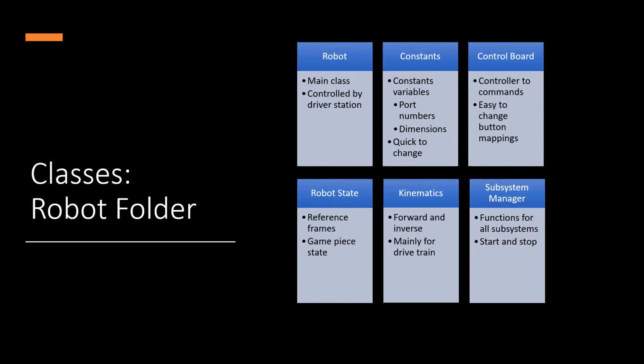Then we have the robot state class. This contains all of the reference frames and translations between reference frames. And when I say a reference frame, I mean that on our 2020 robot, we had a turret mechanism. So different frames of reference are, if you're watching on the field, you'll see the robot moving around and rotating, or a frame of reference is from the robot itself, so that whenever the robot rotates, that reference frame rotates along with it.